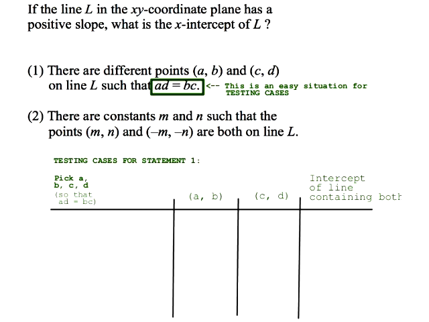Do another shot. Statement 2 is not as easy to pick cases for because that's kind of a more complicated looking condition. But do this on your paper, you'll see. And then I'll give you a minute or so to give this a shot.